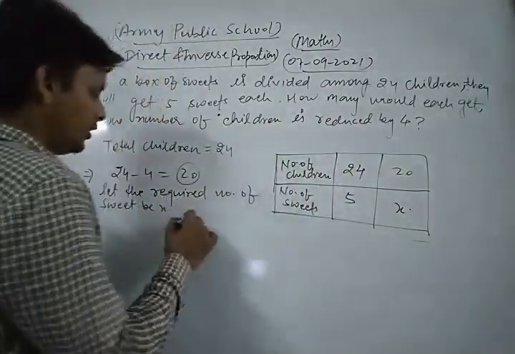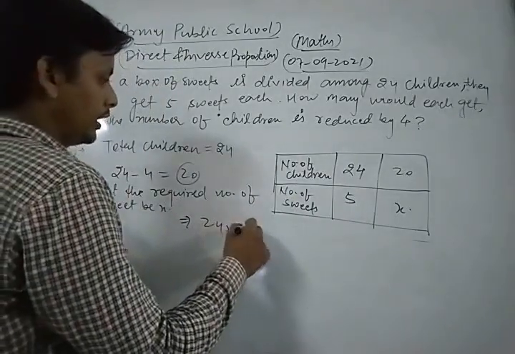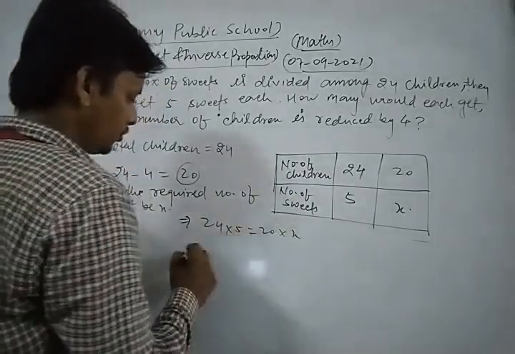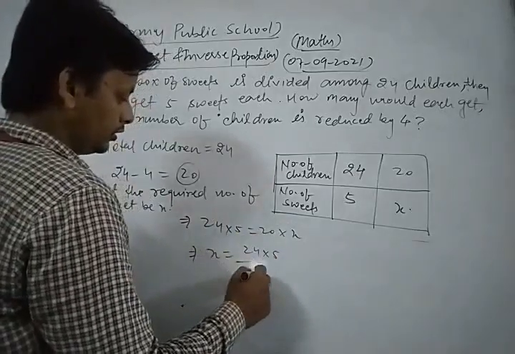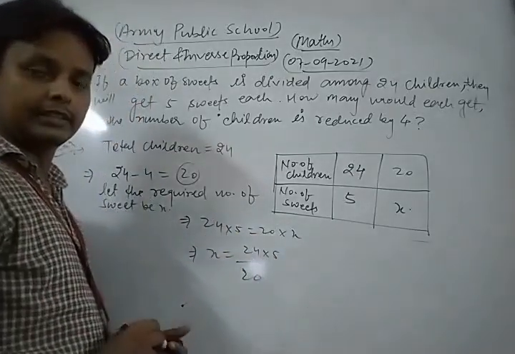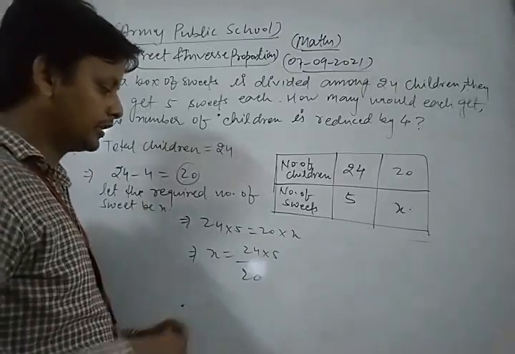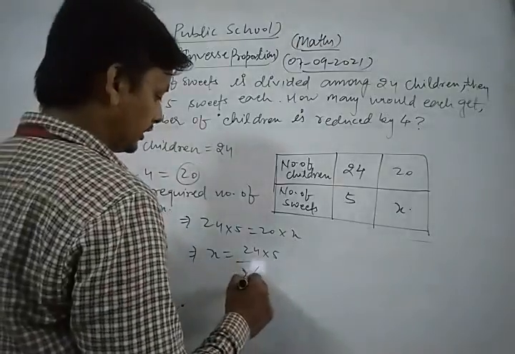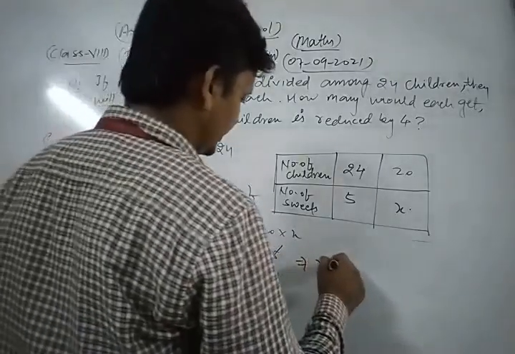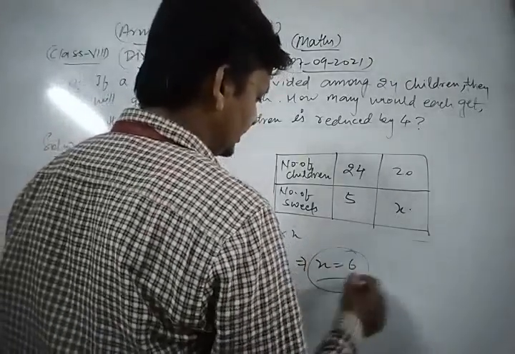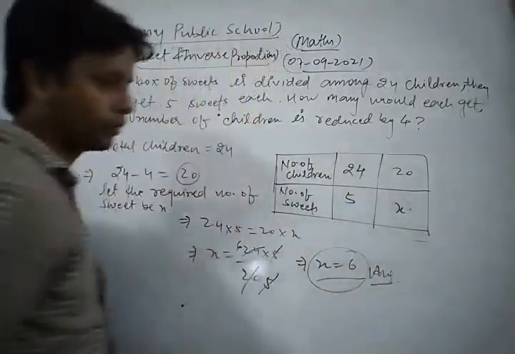So we get 24 into 5 is equal to 20 into x. So x is equal to 24 into 5 upon 20. In this there is an indirect proportional relation, na? So we cancel 5, and the value of x is 6. So each gets 6 sweets. This is the required solution of the given question.